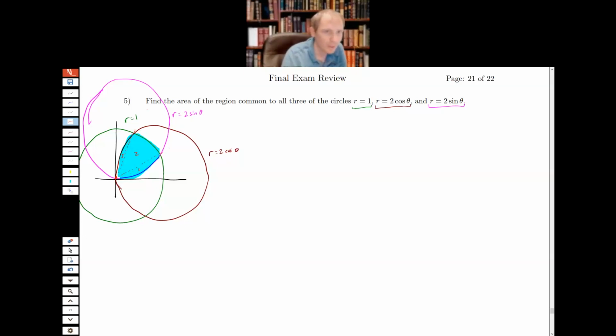Okay? So area 1 is going to be an integral that starts at an angle of 0 and goes up to whatever angle gives me this point, and I'm integrating 1/2 r squared, where my r is the r given by this pink circle. So that's 2 sine of theta.